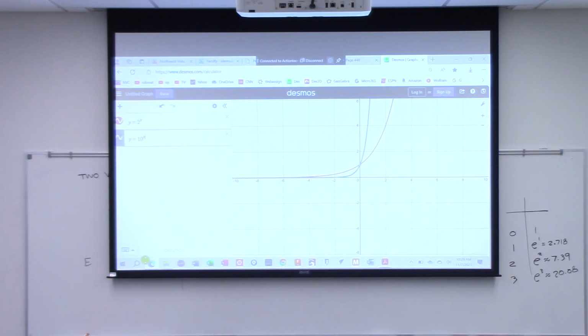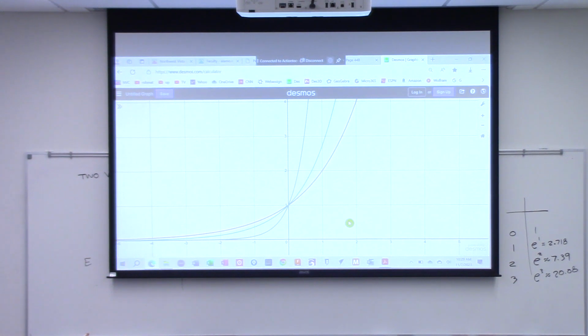Ooh, that grows real fast. And now let's do e to the x. And if you type e to the x, Desmos knows what e is, obviously. All right, so the green one is the exponential function e to the x, the green one.